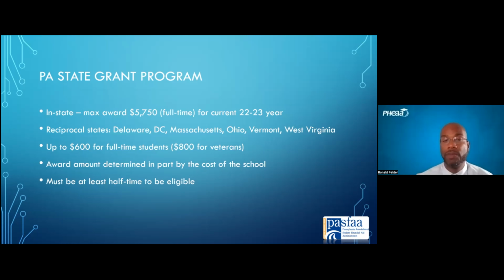Now, we're only going to submit up to $600 an academic year, unless you're a veteran, and then it'll be $800 an academic year. So you really want to think about, if you do leave the state of Pennsylvania, are you going to get the large amount of funds that you need to not be in so much debt? And you must be at least half-time enrolled or eligible. So if you go to the next slide.